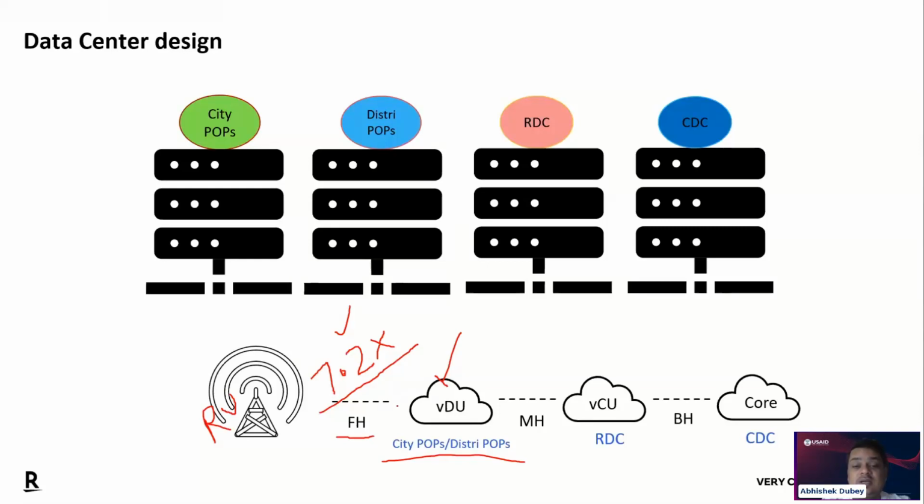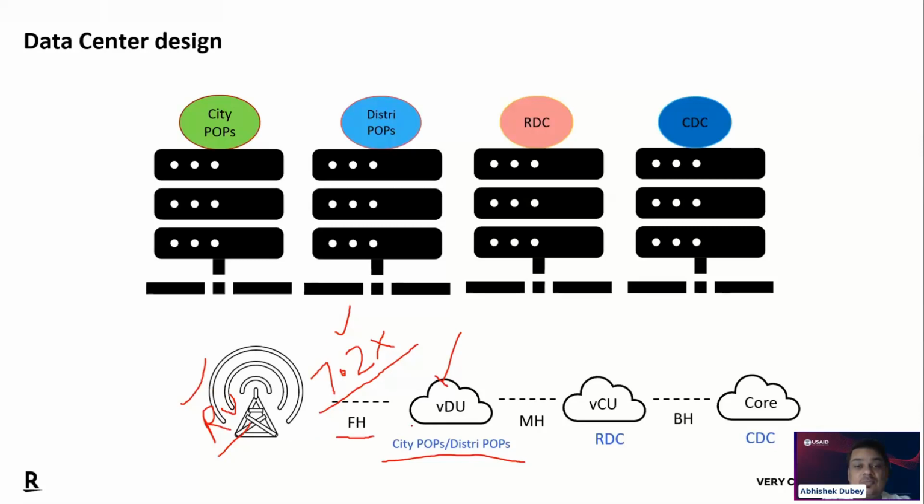The 7.2x split gives you the freedom to choose any third-party RU from the ORAN ecosystem. ORAN ecosystem means whoever is following the ORAN specification, you can select any vendor for your RU deployment.